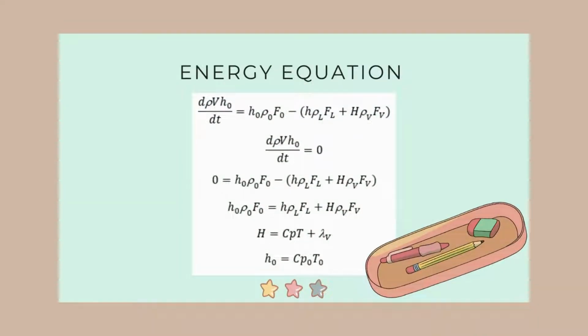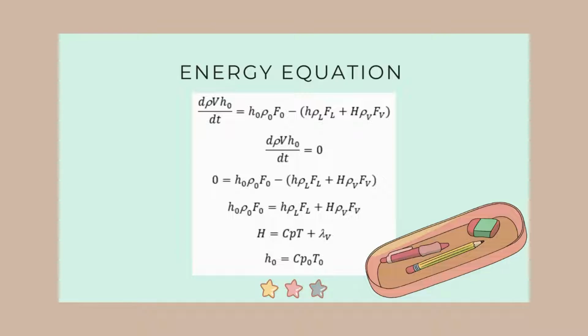Next, for the energy equation, d(rho V h naught)/dt is equal to h naught rho naught F naught minus h rho L FL plus H rho V FV, where in this case d(rho V h naught)/dt is equal to 0. We are assuming this is in the liquid phase due to the h naught there.